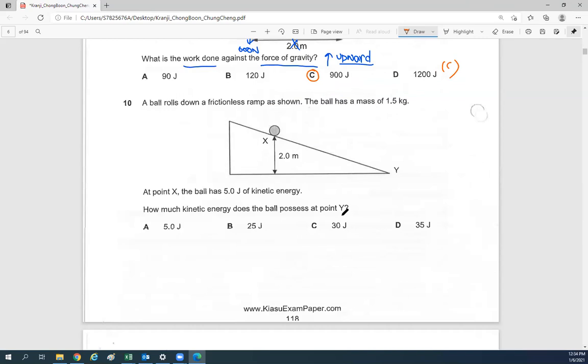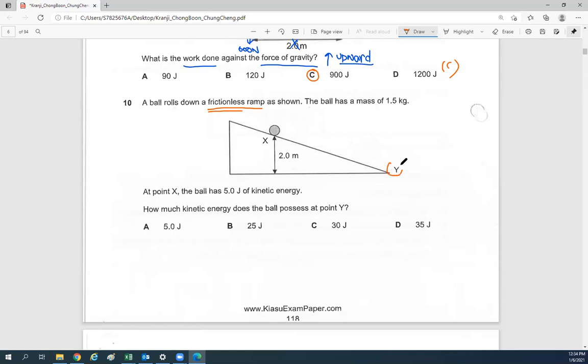Okay, question 10. A ball rolls down a frictionless ramp. Frictionless means there's no friction. The mass is 1.5 kg. Over here, the ball has 5 joules of Ke. How much Ke does the ball have at Y?